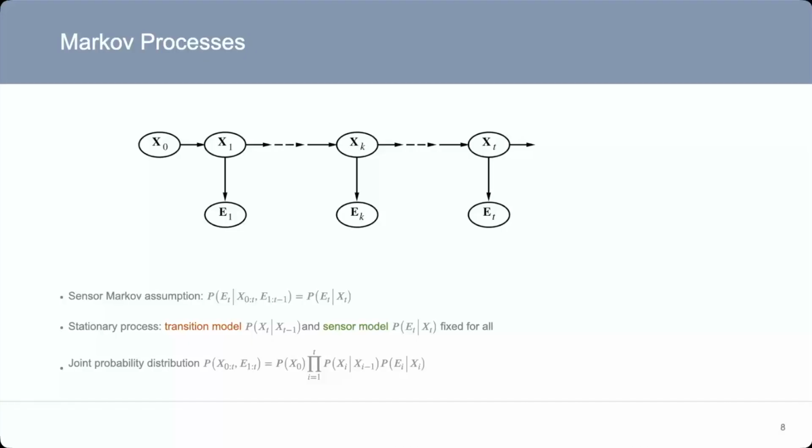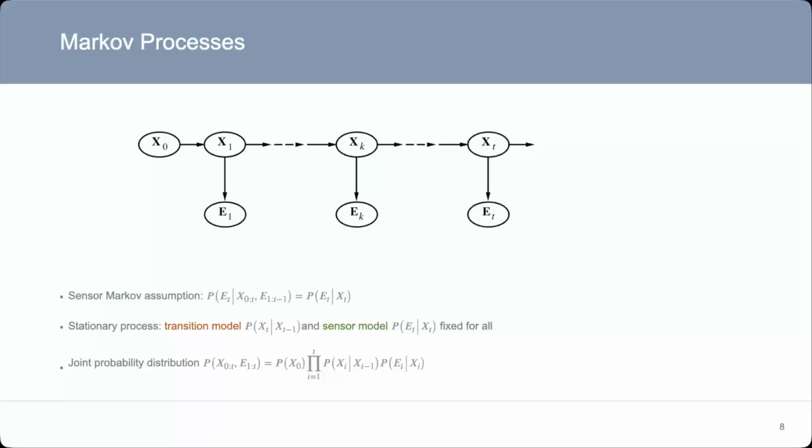Using the Markov assumptions and Bayesian networks that we have studied in previous lectures, we can write the joint probability distribution of all states and all evidences as this. P(x0 to t, e1 to t) is equal to the probability of x0 and then the multiplication of the probability of xi given xi minus 1 and the probability of ei given xi for i from 1 to t.